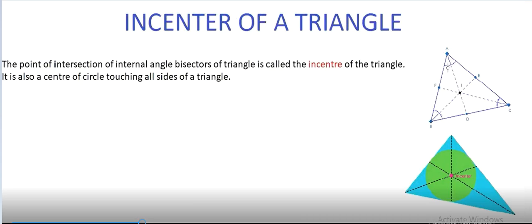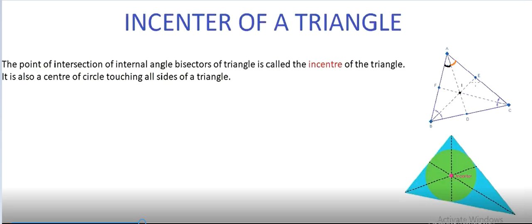Here, this angle and this angle are equal. AD divides angle A into two equal parts. Then AD is called the angle bisector of this triangle ABC.